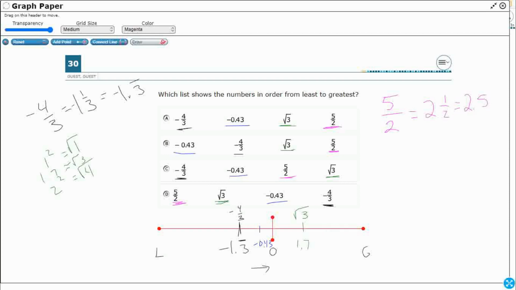Let's put that right about there. It looks like I've got my order right here: negative 4/3, negative 0.43, square root of 3, and then 5 halves.